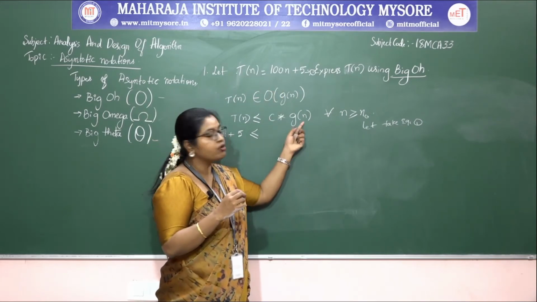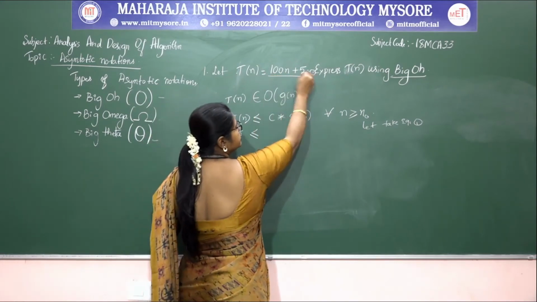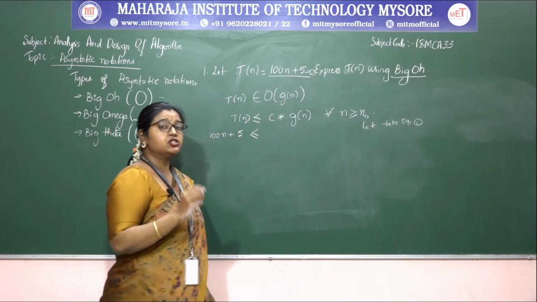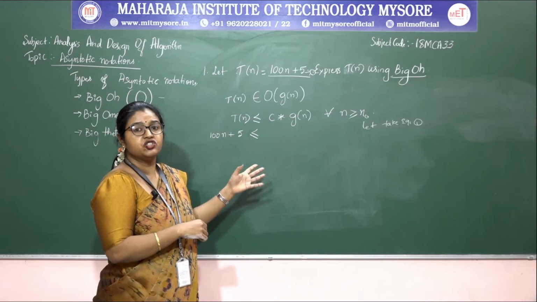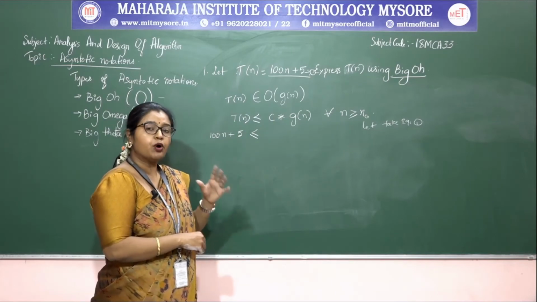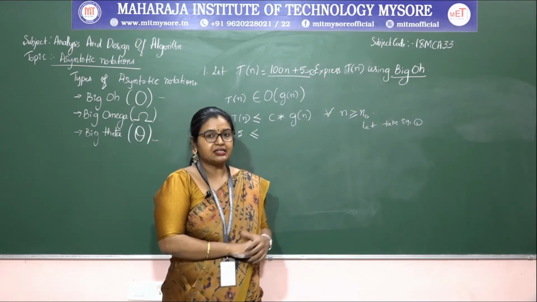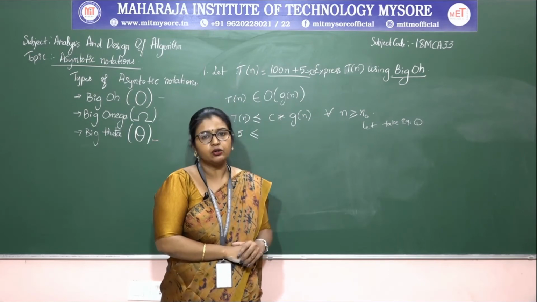What is this g of n? In the equation 100n plus 5, we need to consider the highest order degree term as g of n. In the polynomial 100n plus 5, n is the highest order degree, that is 1, so that term we need to consider.